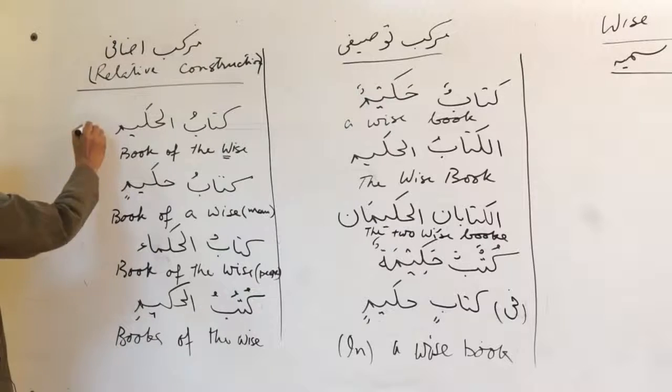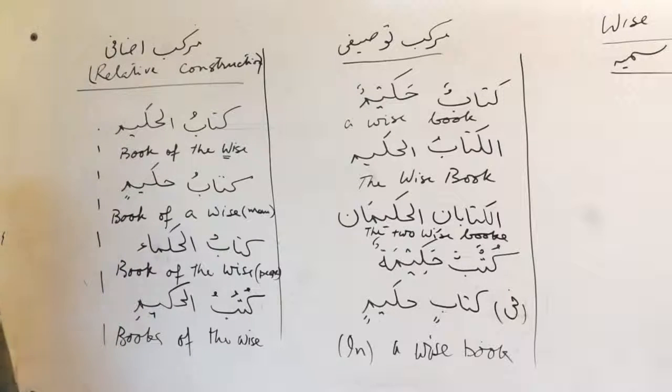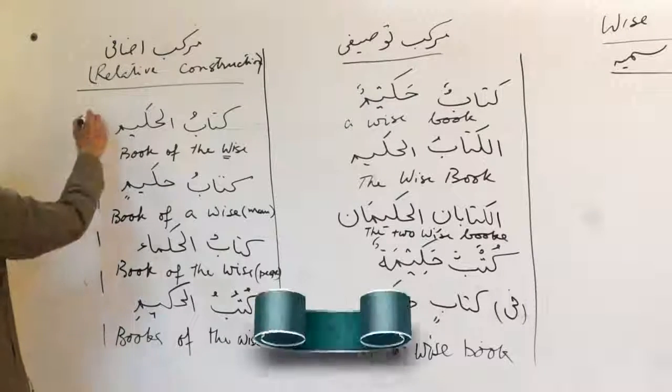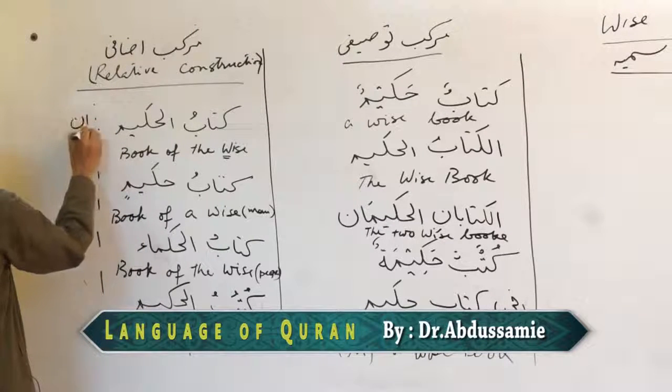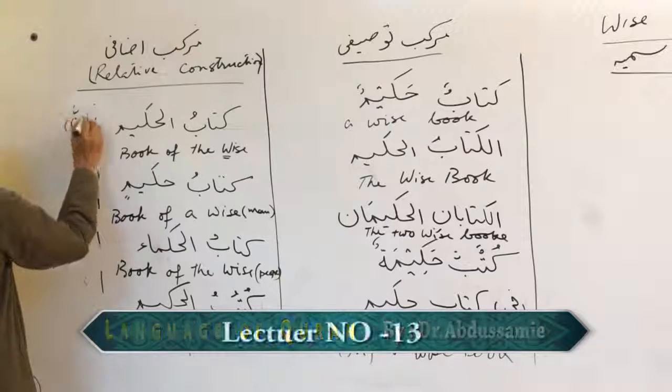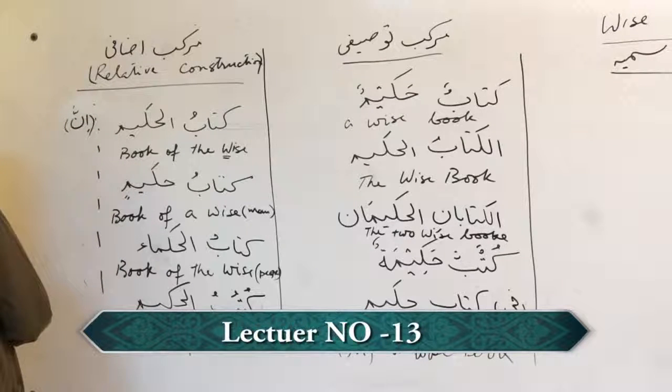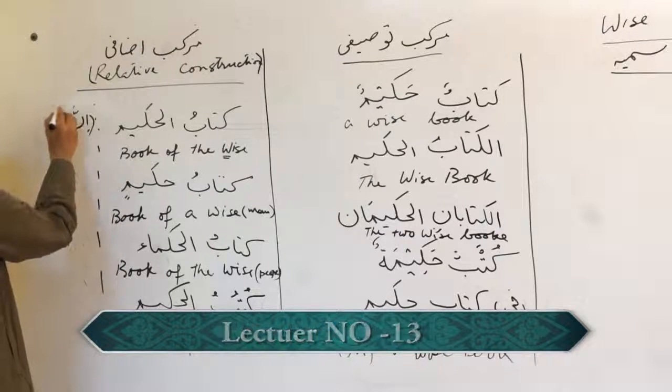Similarly, in this column, we can add a few more. Inna, we'll study later, it causes the noun to go to the nasab form, so it will become kitaba.